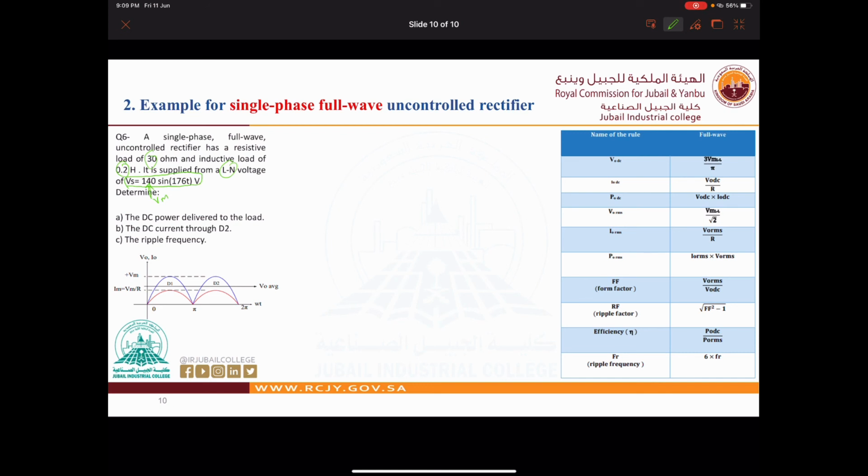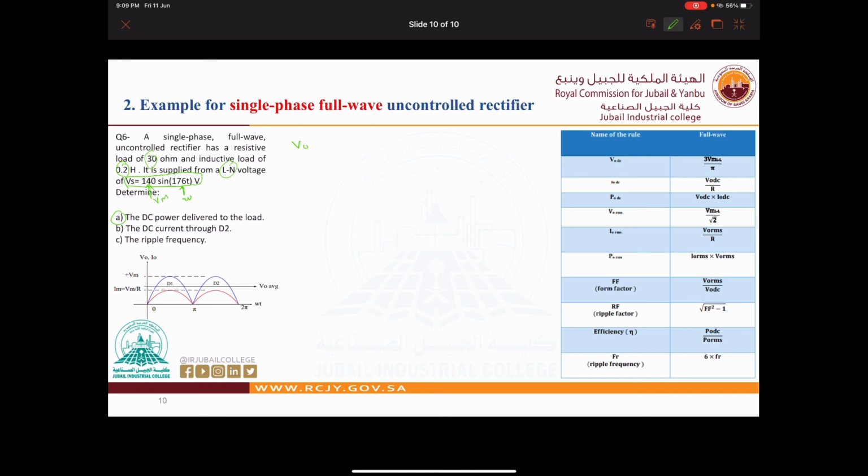Now, let us solve this question. Now we know, as we said, this is omega. So omega is 176. V maximum is 140. The resistor is 30. The inductor is 0.2 Henry. So in order to find the DC power delivered to the load, this is A, we need to find V output DC and I output DC.